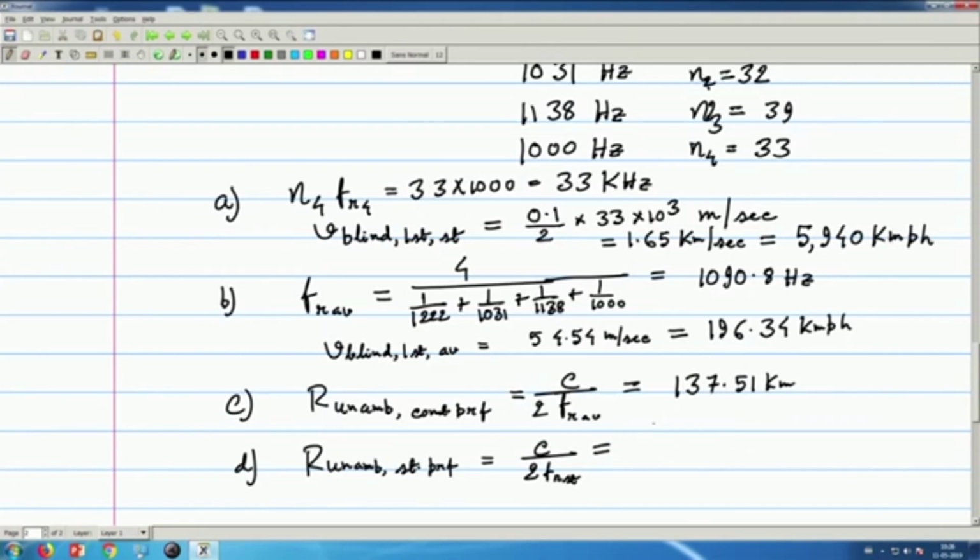So, we can put that in with C and those things, and that will give you 4.55 kilometer. So, you see that drastically this is getting reduced. So, if you are more interested in the velocity, you go for this. So, we have seen the effect of staggering.